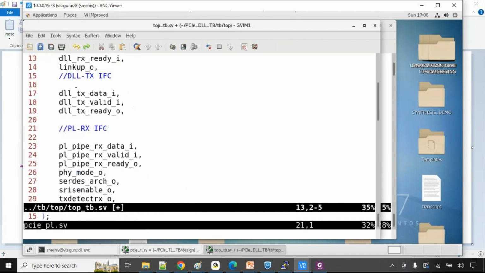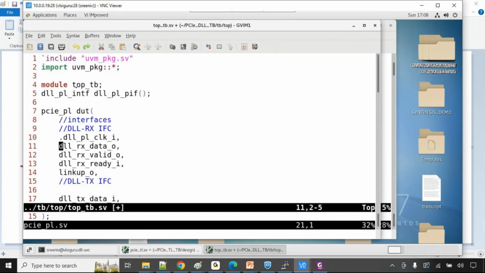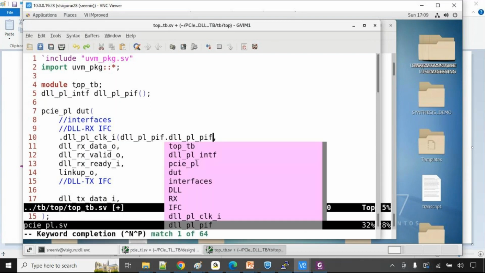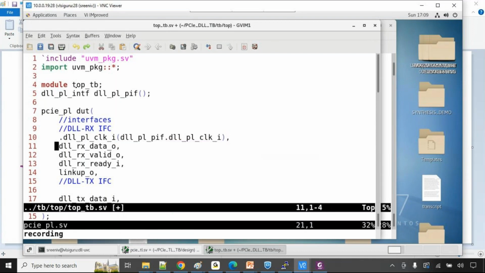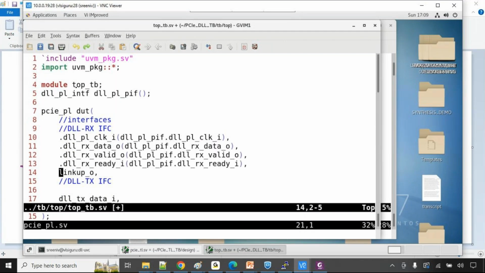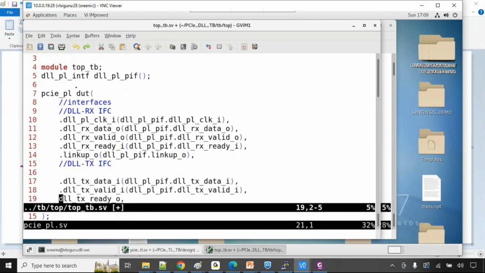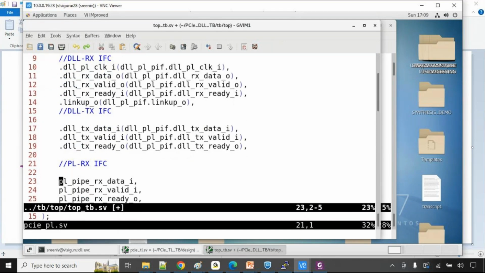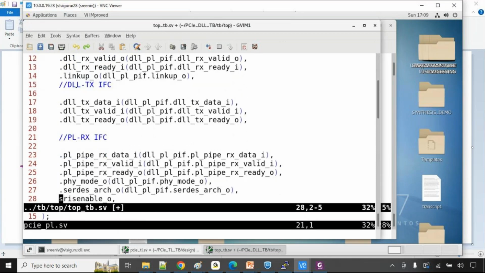So with this understanding, I can just do the connections. And these will have a different interface name.